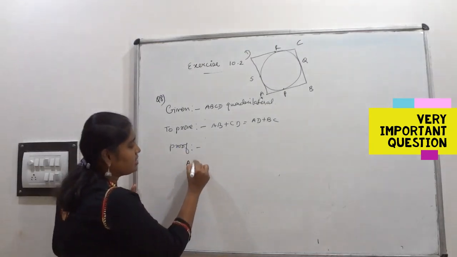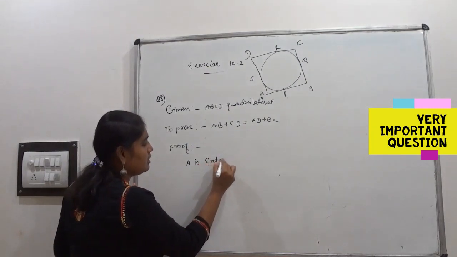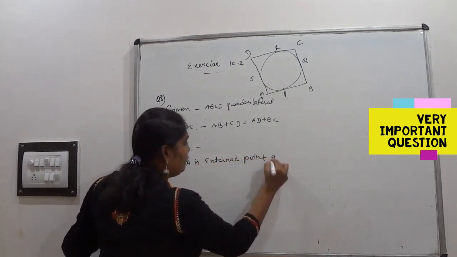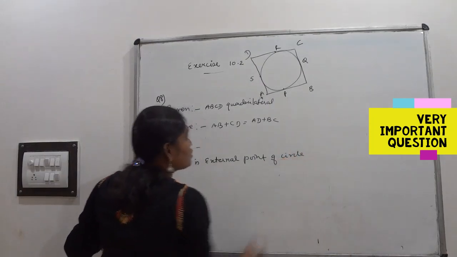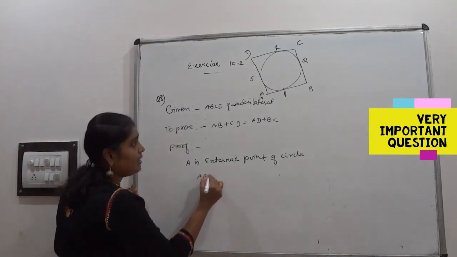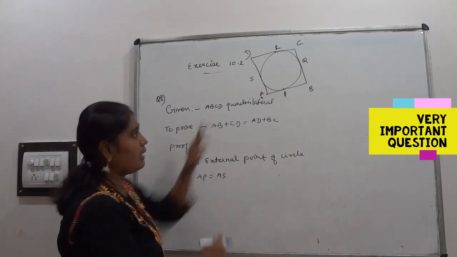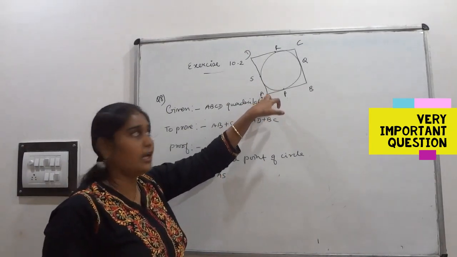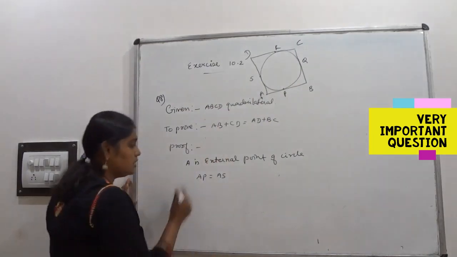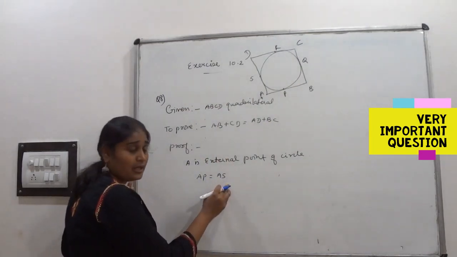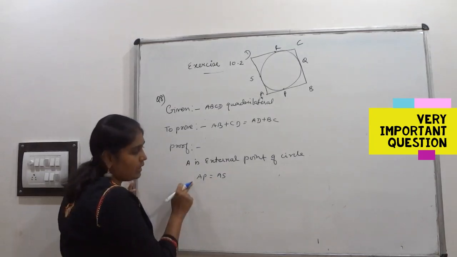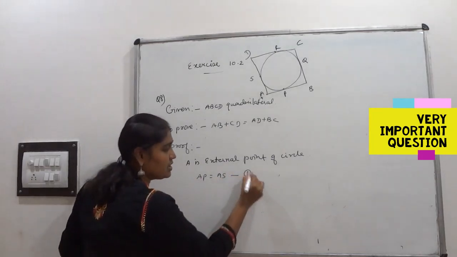A is external point of circle. So we can write AP equal to AS, because AP and AS both are tangents from an external point A to the given circle. So we can write, the lengths of the tangents from an external point to a circle are equal. So AP equal to AS, first equation.